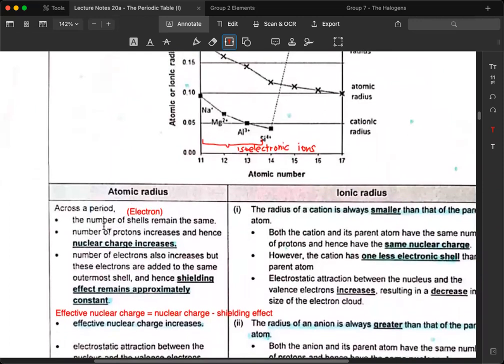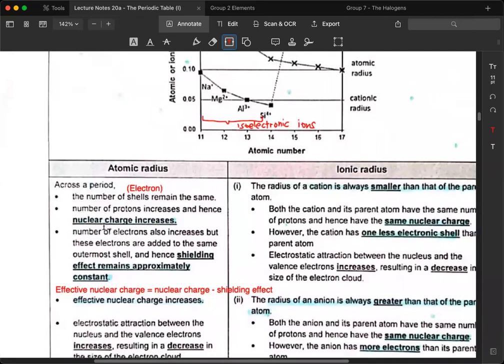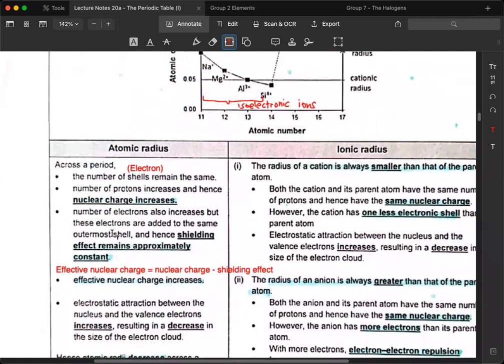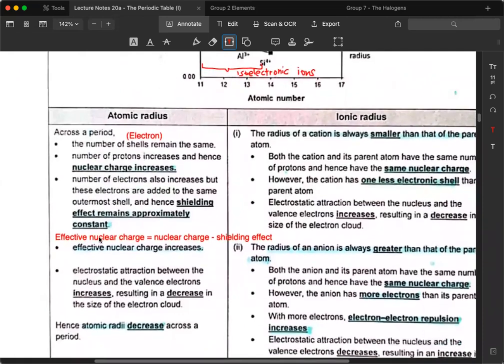The number of protons increases, so nuclear charge increases, all right? Since the number of electrons increases, but the electrons are added to the same outermost shell, the shielding effect by the inner electrons remains almost constant. We know that effective nuclear charge equals nuclear charge minus shielding effect.